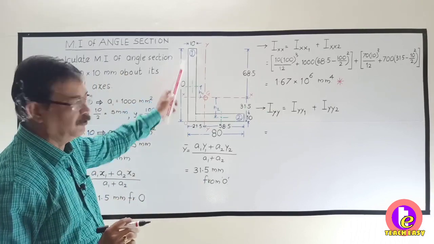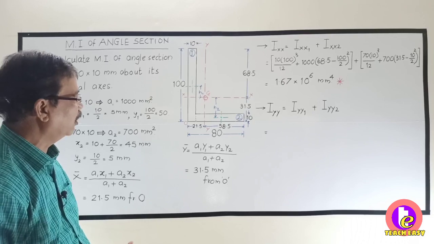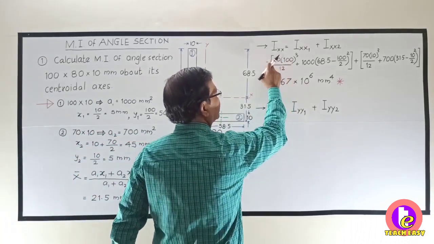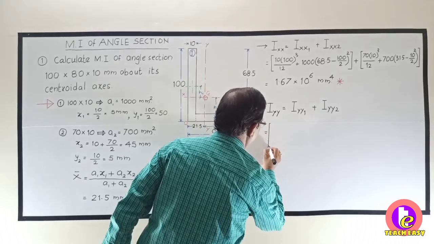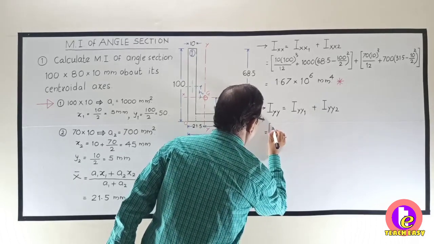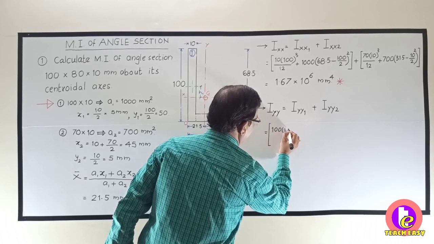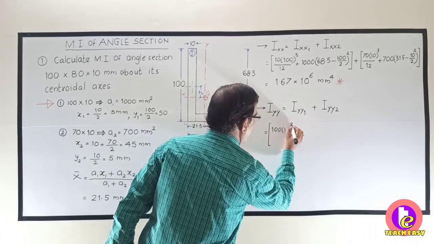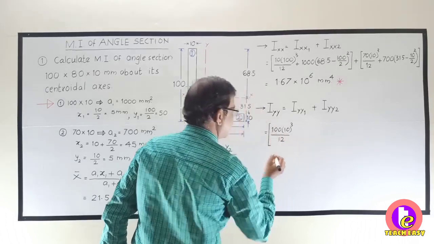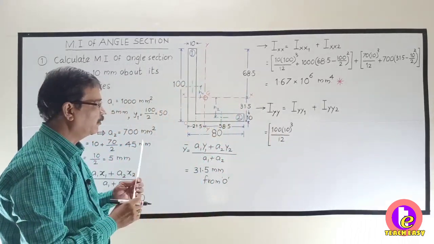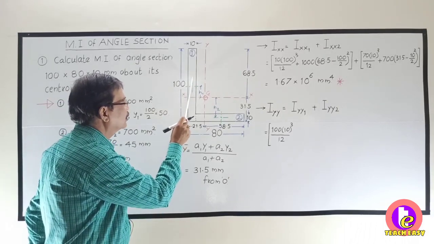So for IYY of the first, what is IYY of a rectangle? DB cube by 12. So just interchange the places. What is D? It is 100. What is B? It is 10. Its cube divided by 12. This is the moment of inertia of the first part about its centroidal axis, this one.